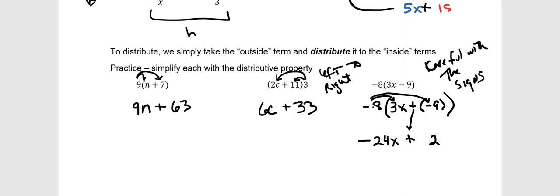Now, I'm going to spend one last minute talking about this one because we don't have to go through this trouble of keep change opposite. If you think about this, I know it's a subtraction sign, but when I distribute it, if I think of it as a sign of that number that follows, which is what we did here, right? We thought of it as negative 9. And I can do negative 8 times 3x. There's my negative 24x.